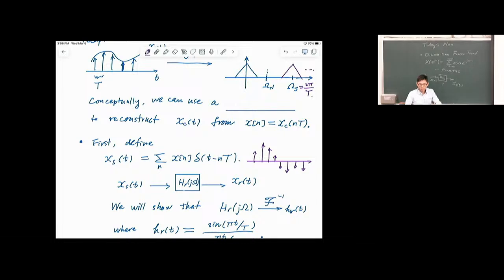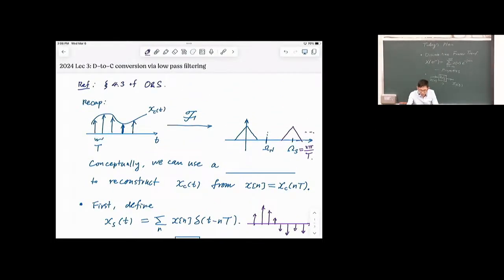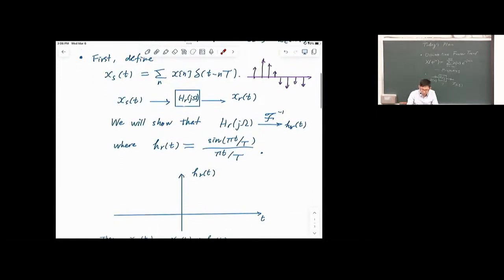We're going to suggest that we apply an ideal low-pass filter in the frequency domain, which cuts off at the Nyquist frequency, half of the sampling rate. That ideal low-pass filter corresponds to a sinc function in the time domain, which is sin(pi t) divided by pi t.